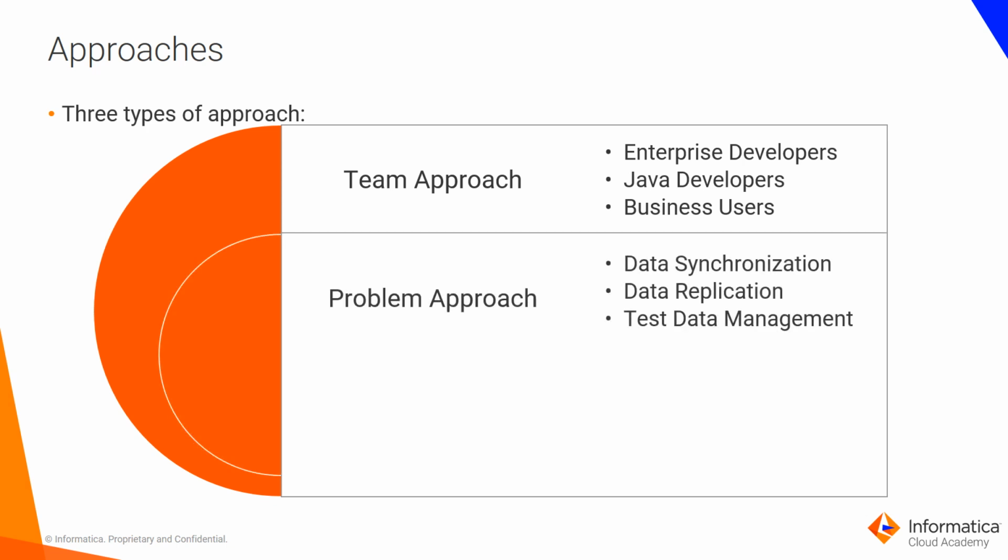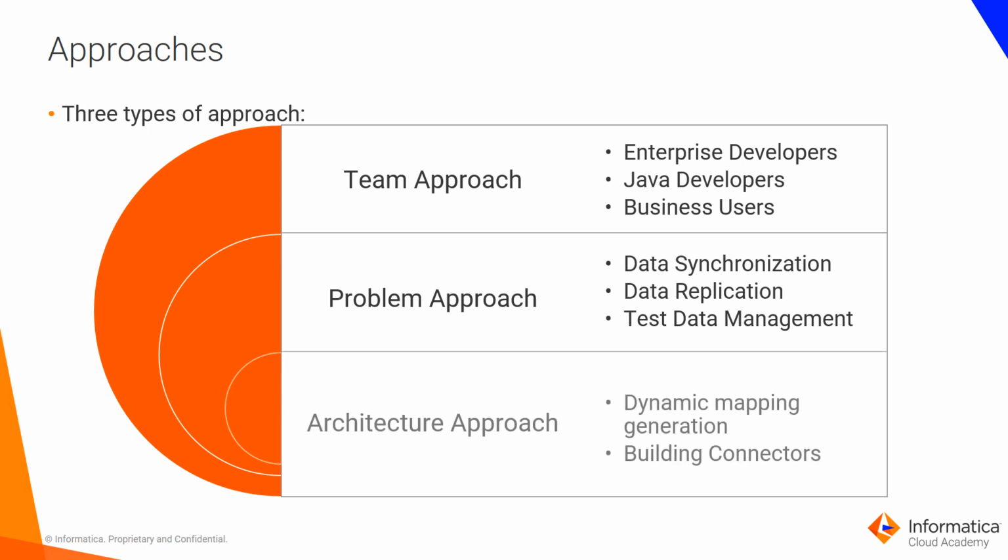In this approach, these three different types of team members make use of data synchronization, data replication, contact validation, and test data management to solve the problem. And finally, the architecture approach involves common integration using dynamic mapping generation via templates, using Cloud Mapping Designer or CMD, building connectors and using them in data synchronization or replication, or other tasks.